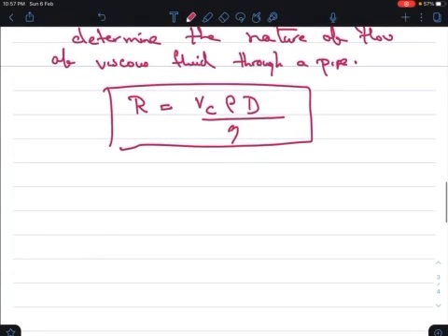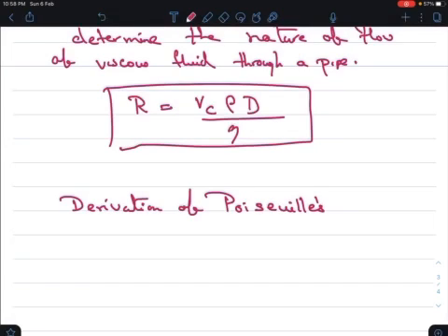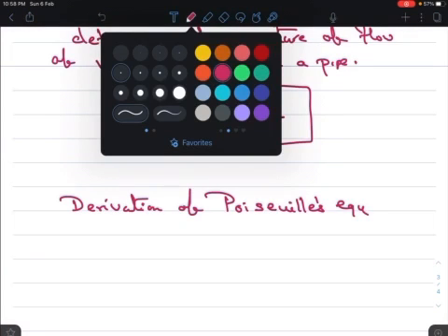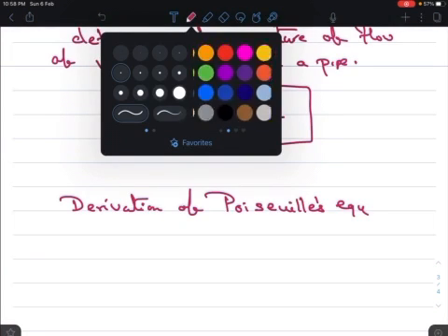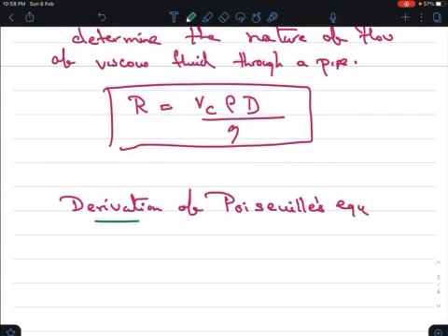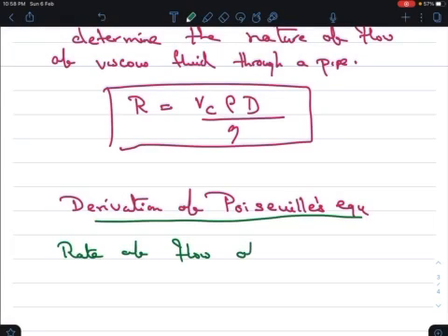Next is derivation of Poiseuille's equation. Poiseuille's equation gives us the expression for the rate of flow of liquid through a capillary tube.